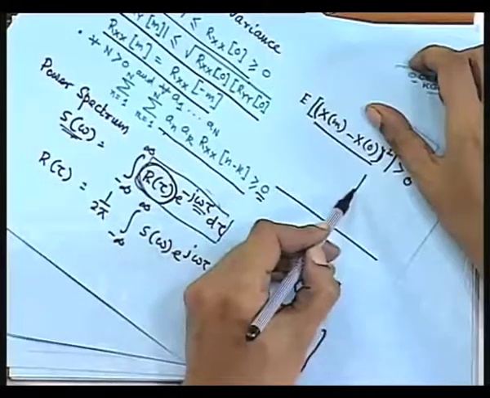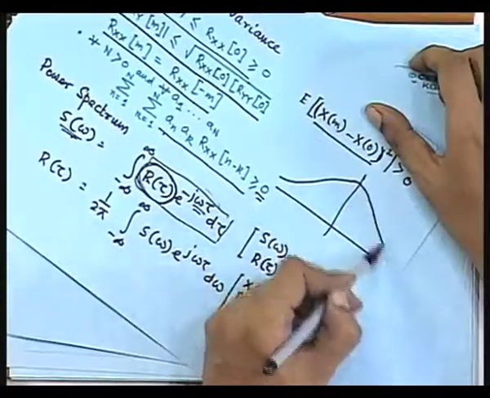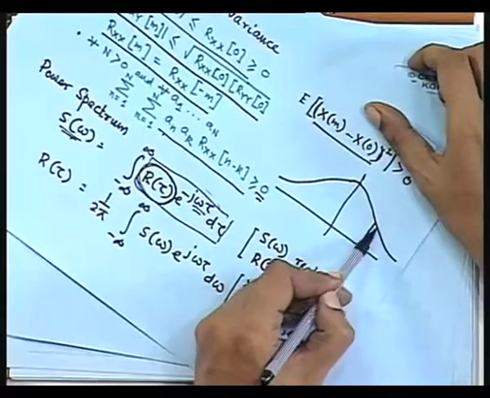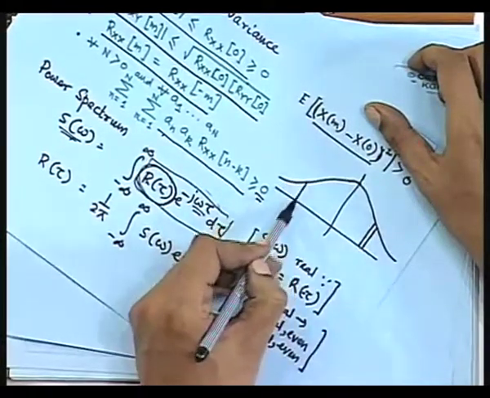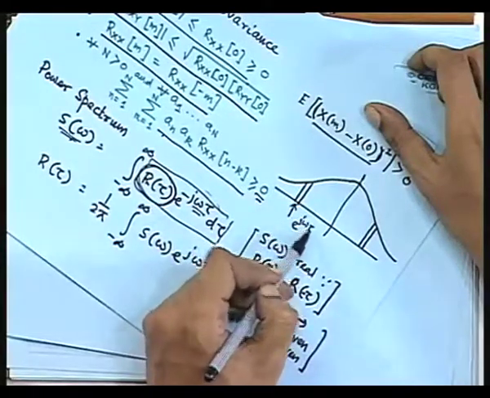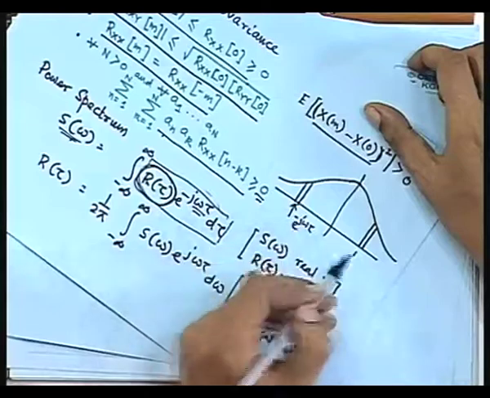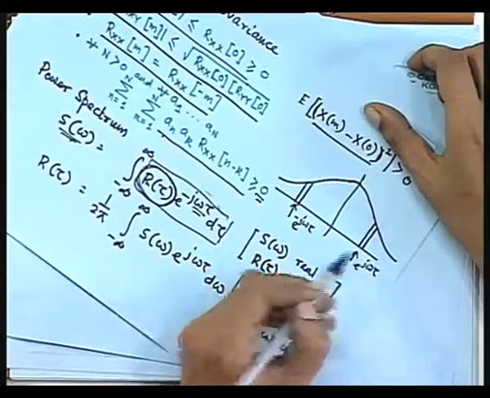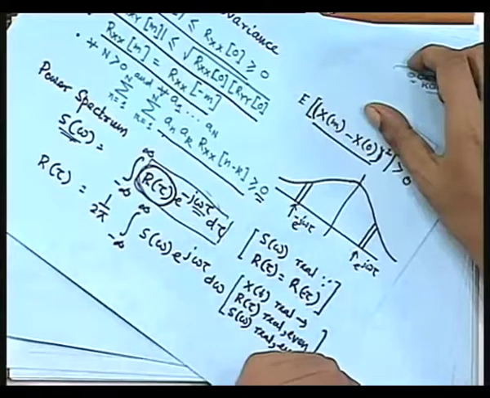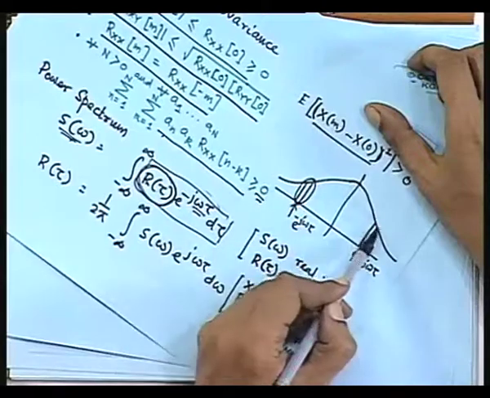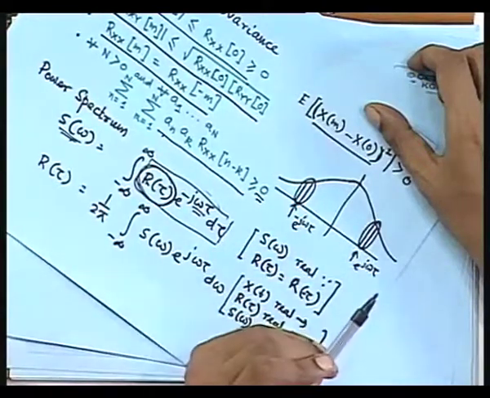Suppose R tau is a function like this. Now what are you doing? You are actually taking this and multiplying this one by e to the power minus j omega tau, and multiplying this one by e to the power j omega tau. This is tau and this is minus tau. So the integral term that you will get here is going to be the complex conjugate of the term that you get here.